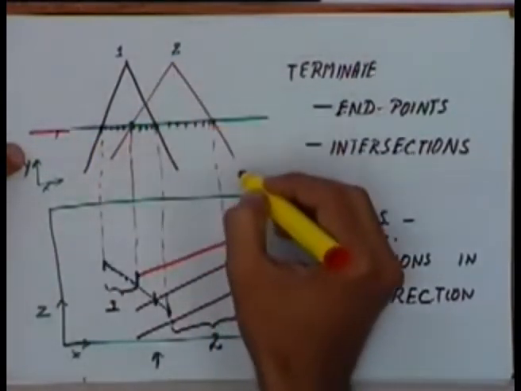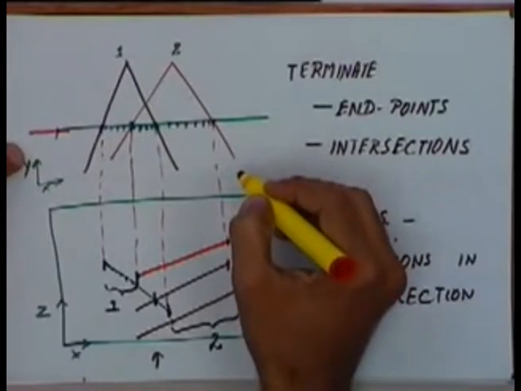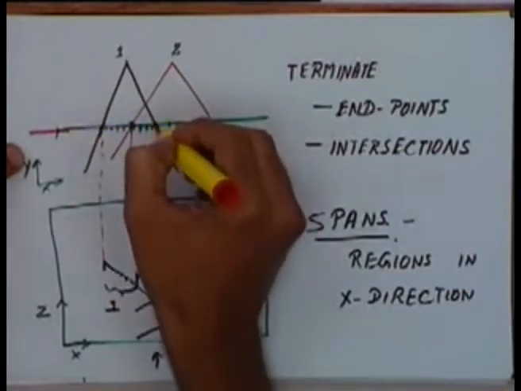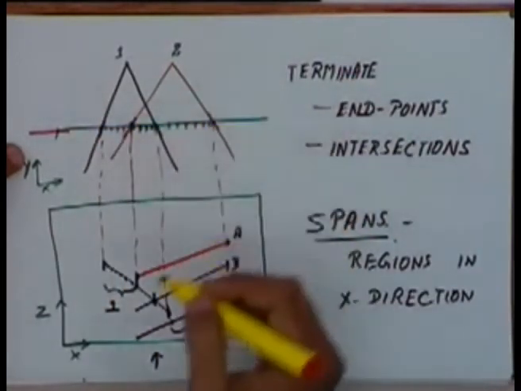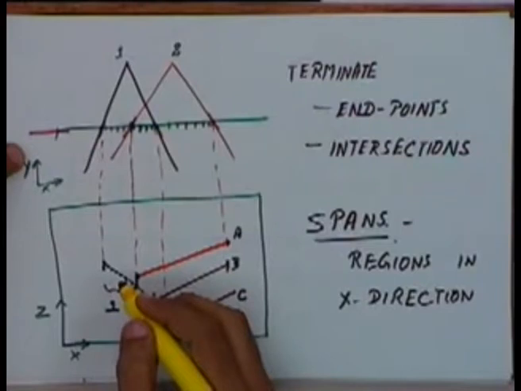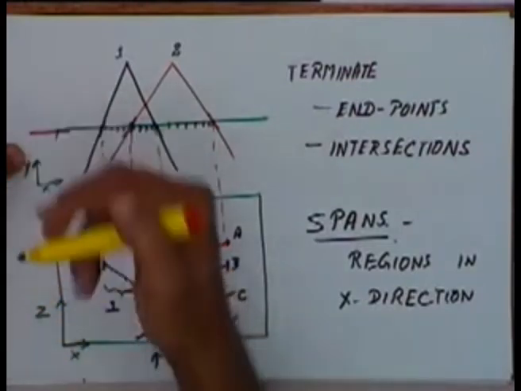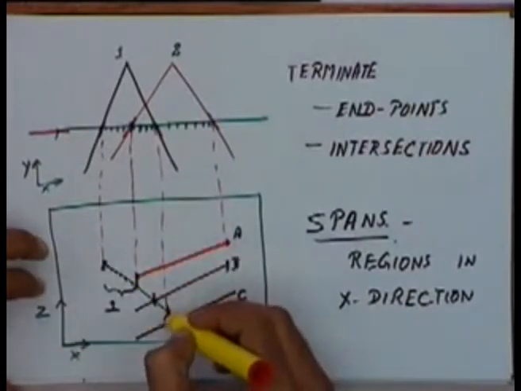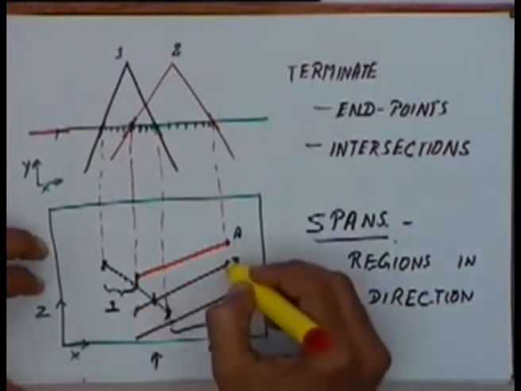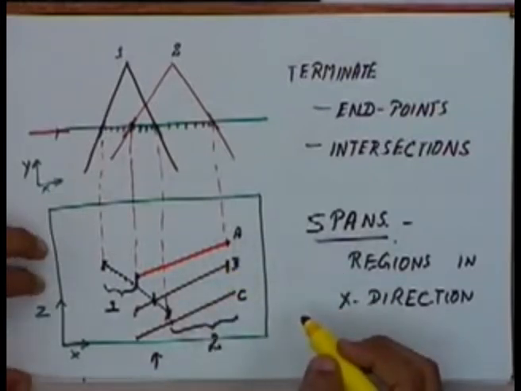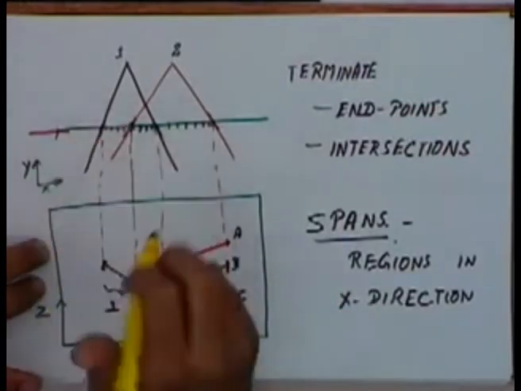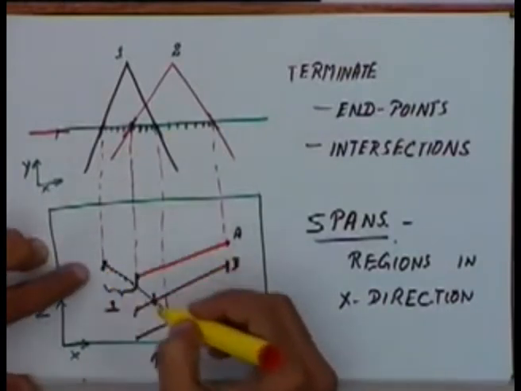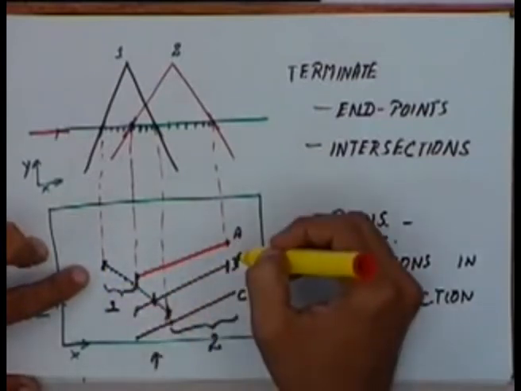Similarly, this edge is active and this edge is active. So the active edge list will give me the intersection of this edge, the intersection of this edge, the intersection of this edge, and the intersection of this edge with the xz plane. So if I am looking at the xz plane now, the active edge list will give me a point here and a point here, plus a point here and a point here. In the xz plane, the active edge list will only give me points. Once I know these points, I know the equation of the line between them.